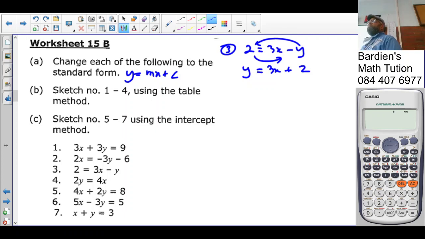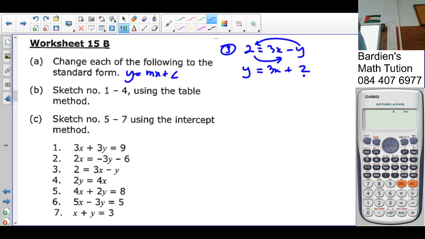It's in standard form now, not so? Before drawing the graph, what do we know about m here? What's your m value? It's 3. So what does that tell you about the graph itself? Increasing. What's your c value equal to? 2. And what does that tell us of the graph? That's your y-intercept there, 2.